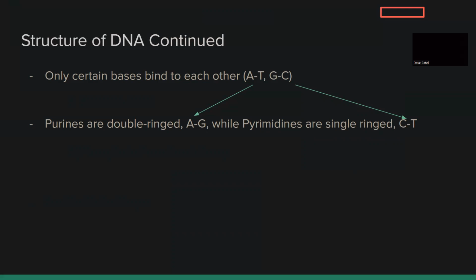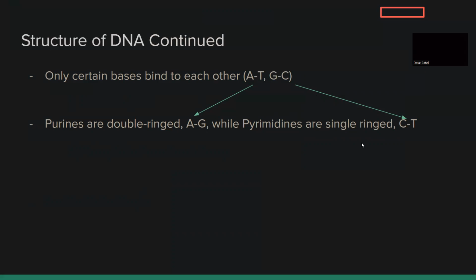If you have two purines bind together, two double-ring bases, that's going to take up too much space, and the DNA isn't going to be evenly aligned down the center. If two pyrimidines bind to each other, two single-ring bases, you're going to take up too little space, and the spacing is also not going to work. So basically you won't have an actual DNA molecule if you bind two purines or two pyrimidines.